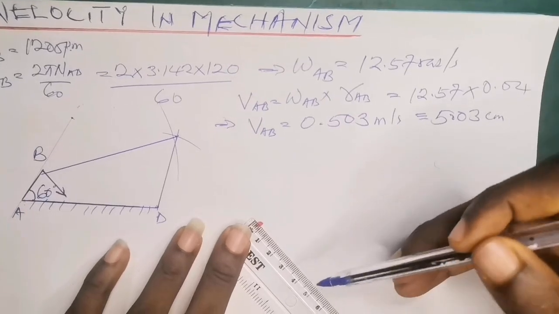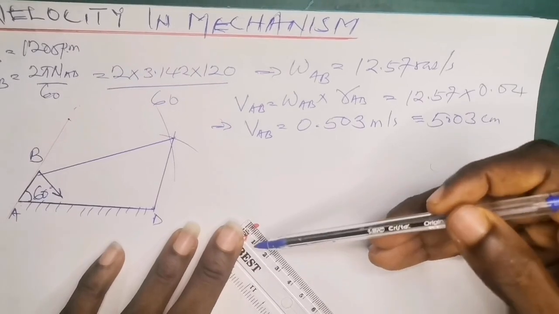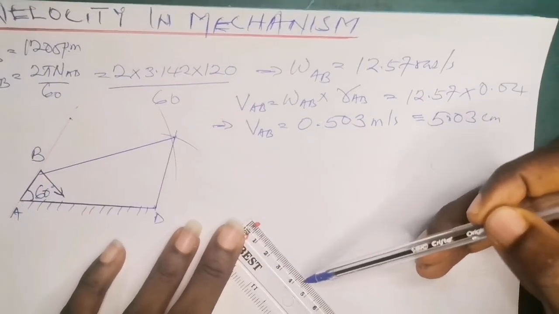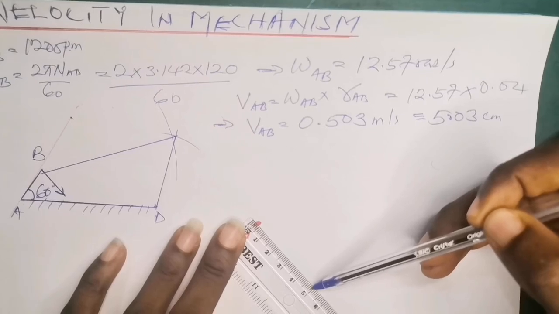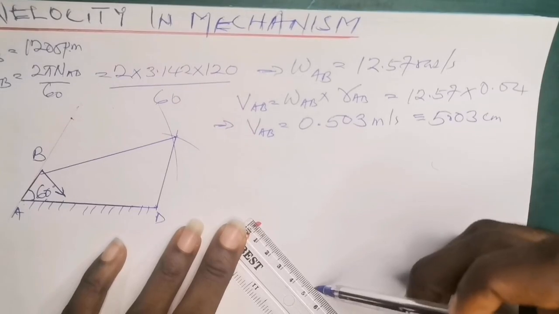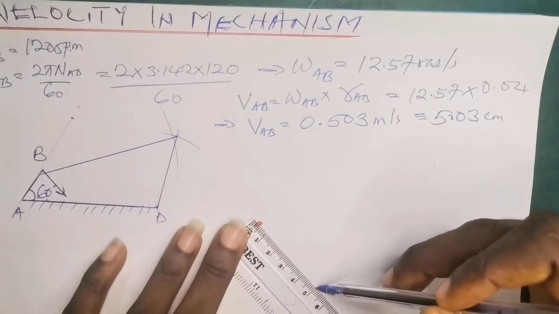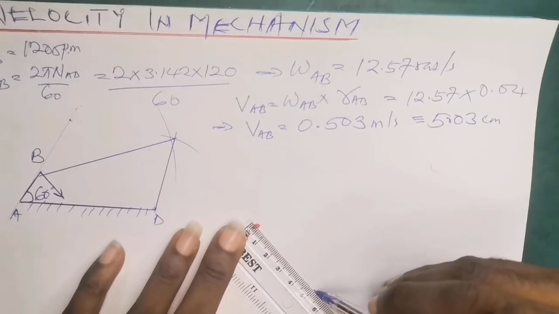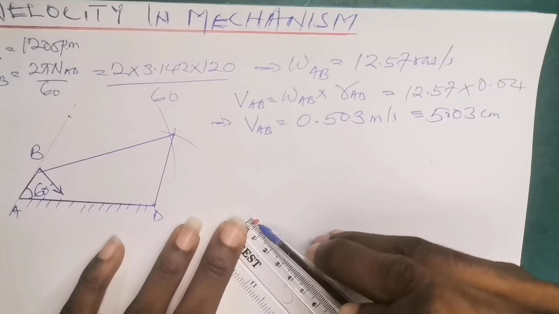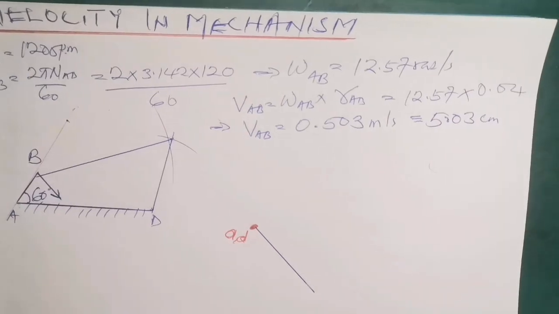1, 2, 3, 4, 5, 5.1. So 5.03 should be somewhere a little bit after 5. So you draw, and that is a known velocity.